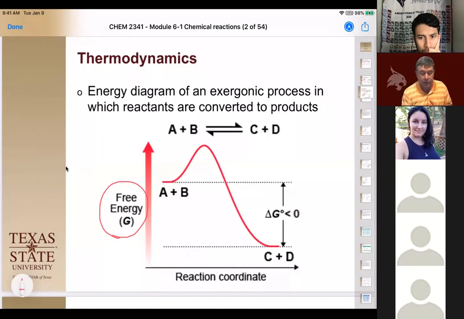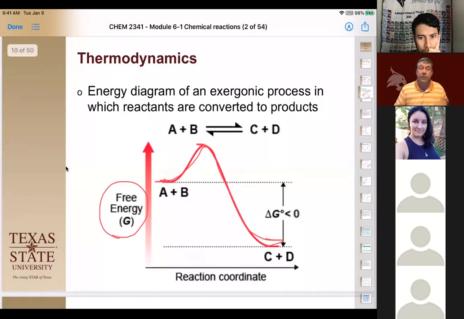So if we start with our materials here and they have a particular free energy, and you go through this change such that it comes to products, and that change in energy is less than zero, meaning you give off the free energy, then it's called an exergonic. Gonic means it's the free energy component. So it's exergonic, not exothermic, okay? So exergonic means it's giving out free energy, okay?